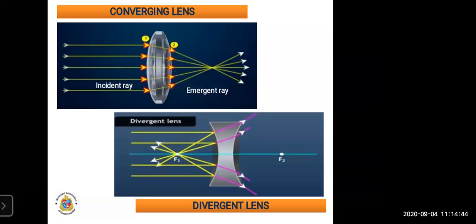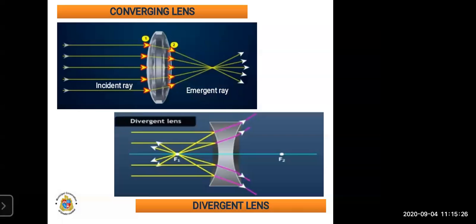But in the concave lens, they get diverged after incidence and go backward. So the refracted light rays extend backward and come together at a point, which is the principal focus, and they meet there and form the image. Since the light gets diverged, the concave lens is called a divergent lens.